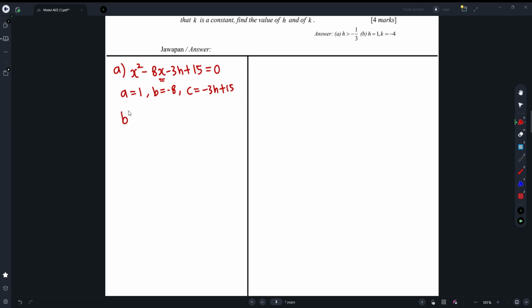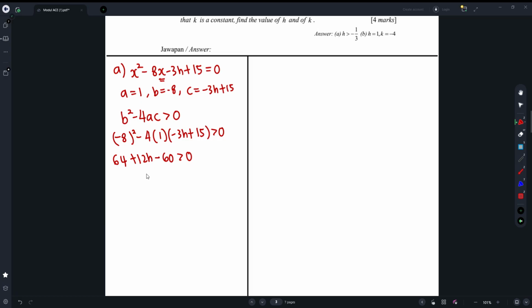Okay, as I explained earlier, I'm going to use b square minus 4ac more than 0 as my basis to answer this question. So I'm going to input all the A, B, C values. So negative 8 square minus 4AC more than 0. So I'll end up getting 64 plus 12h minus 60 is more than 0.